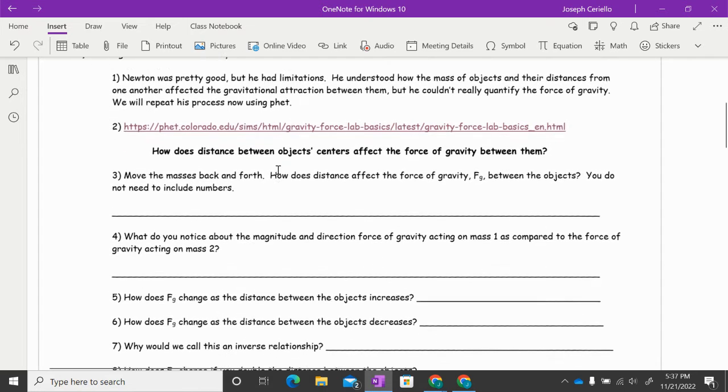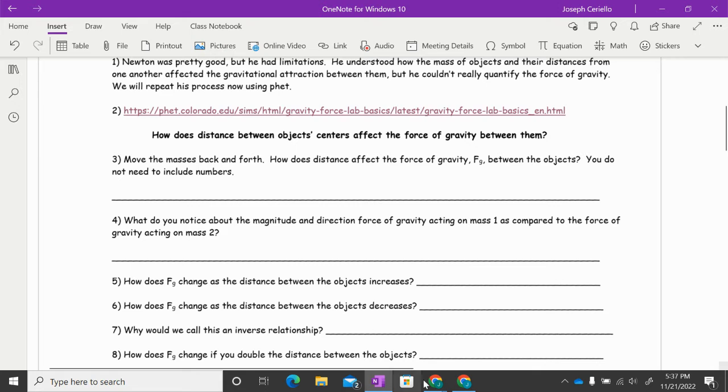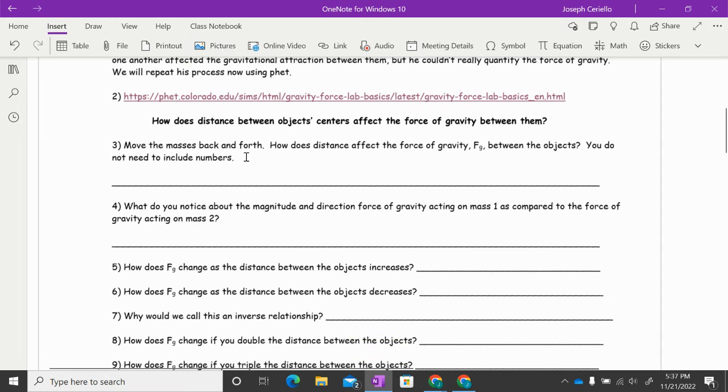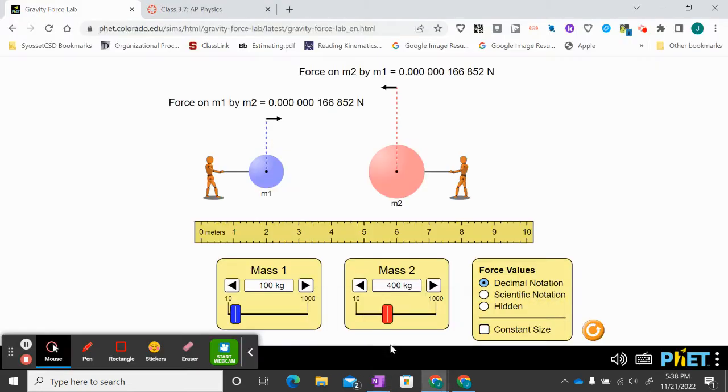So please open up the simulation here, and I have it open in another tab. So first thing we're going to look at on this page is how does distance between objects' centers affect the force of gravity between them? All right, so let's check this out. It looks like the noise in the simulation is really annoying, so I'm going to turn my volume off.